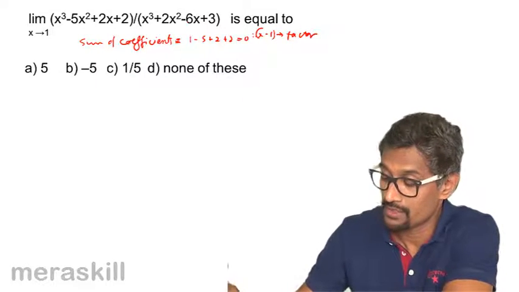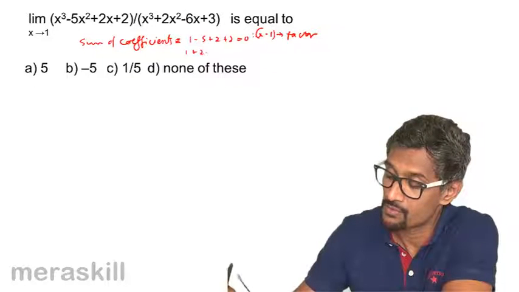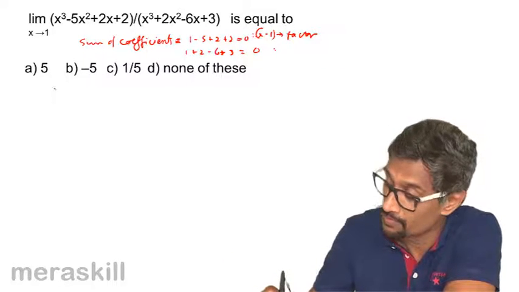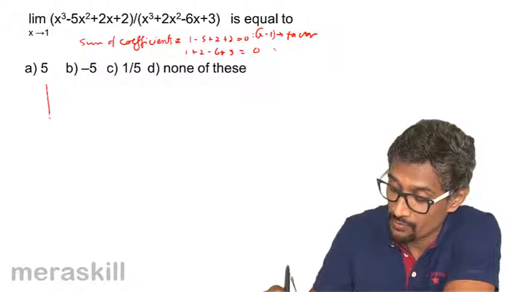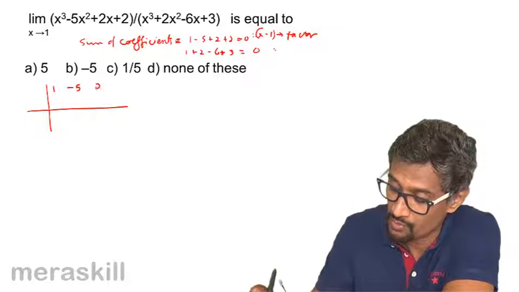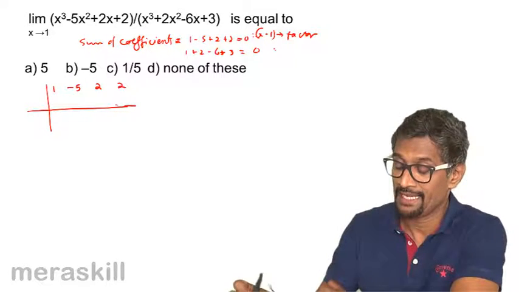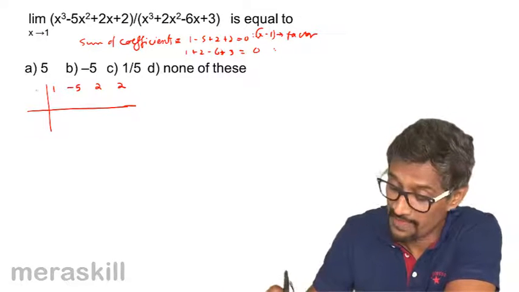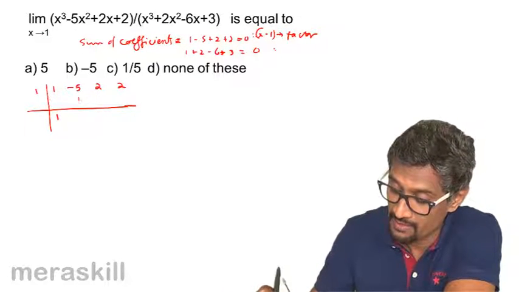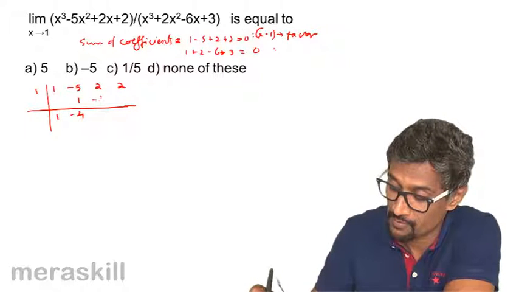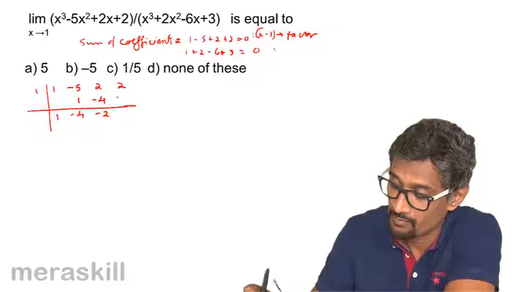And here also it is the same. 1 plus 2 minus 6 plus 3, which is also 0. So for the denominator also it is the same. So we need to perform synthetic division. For the numerator, if you perform synthetic division, you get 1, minus 5, 2 and 2. x minus 1 is a factor, so you put 1 here. 1 into 1, 1; minus 5 plus 1, minus 4; 1 into minus 4, minus 4; 2 minus 4, minus 2; 2 minus 2, 0.